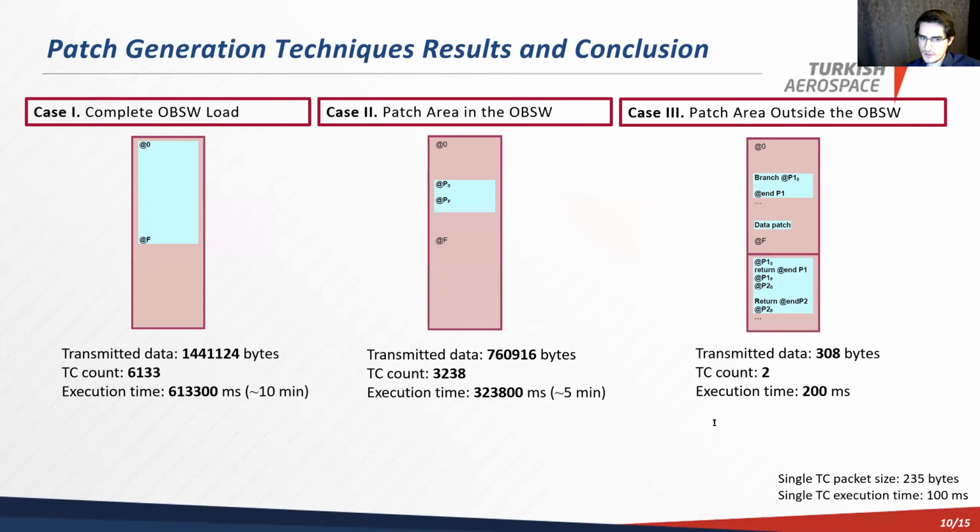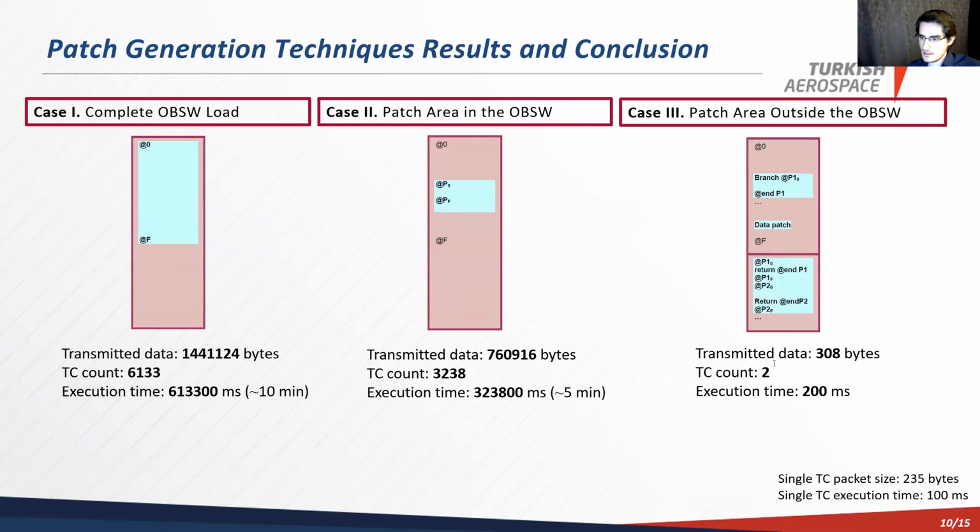So let's compare all 3 of these cases. Again, we can see that in case 1, where we do not patch our system, where we do a complete update, we would need more than 6,000 telecommands, and executing all these telecommands would take more than 10 minutes. In case 2, we would use a little more than 3,000 telecommands, and the time to execute these would be a little more than 5 minutes.